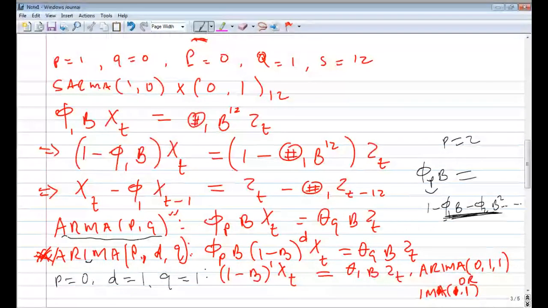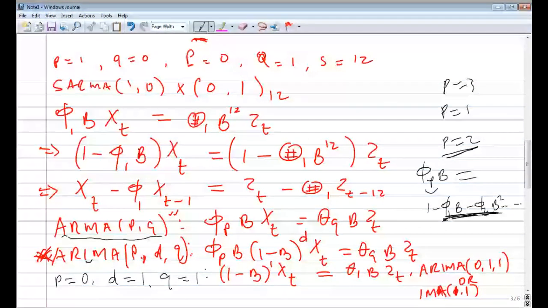Phi 1, phi 2 is coming from the order. There are two. That is why we're having phi 1 and phi 2. It's the order because p is equal to 2 there. If p is equal to 1, you have phi 1. If p is equal to 3, you are going to have phi 1, phi 2, and phi 3 because of the order. If p is 1, are we having 1 minus phi 1 B, right?